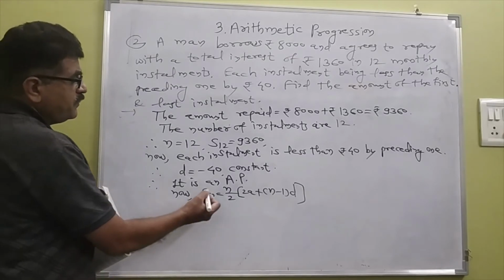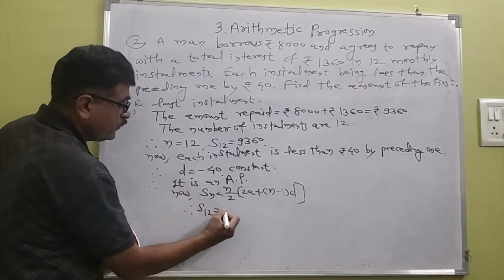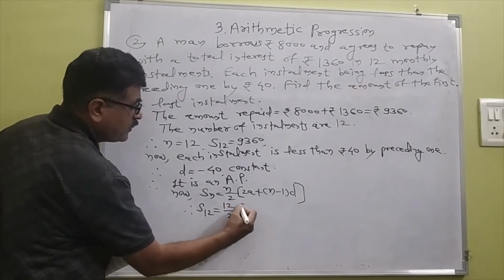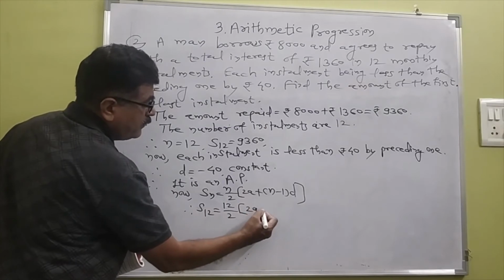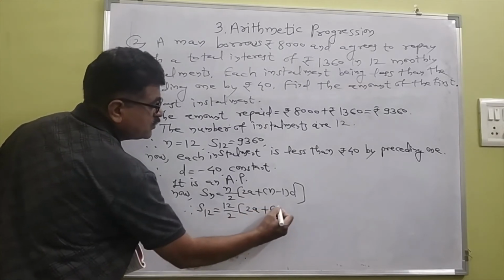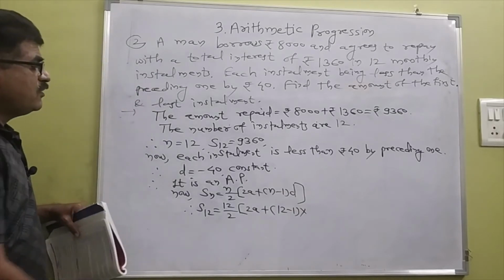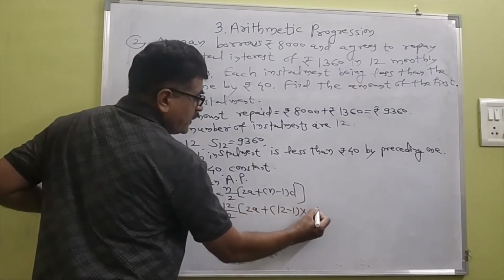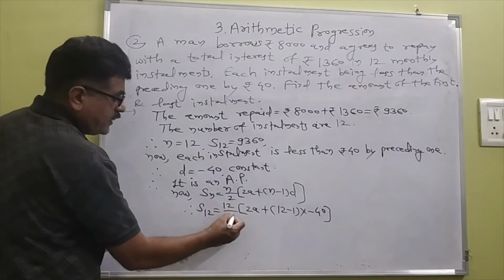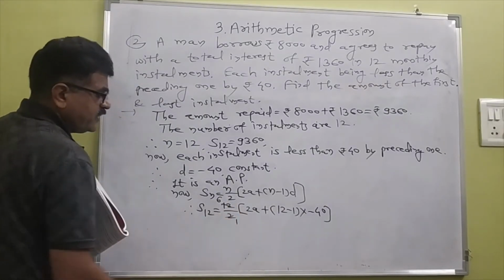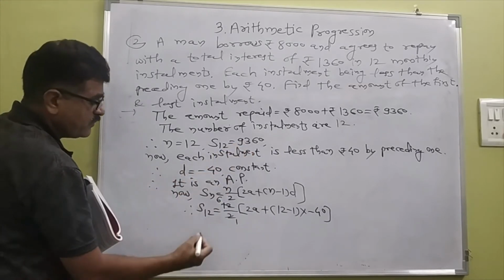Now we know the value of n is 12. Therefore S12 is equal to 12 upon 2 into bracket 2a plus (12 minus 1) into d, and d is minus 40. Dividing by 2 we get 6. Now put the value of S12.